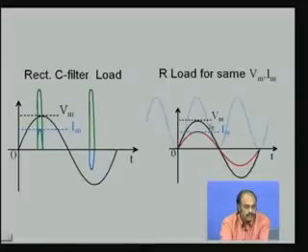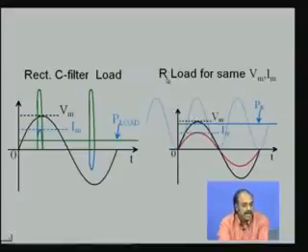And in the case of the R load, we have, as we have seen earlier, a power curve which is of this sinusoidal nature. Now what about the averages? Taking the average of the power curves, we have PR as Vm Im by 2, and P load, which will be the average of just this green waveform which you see here.